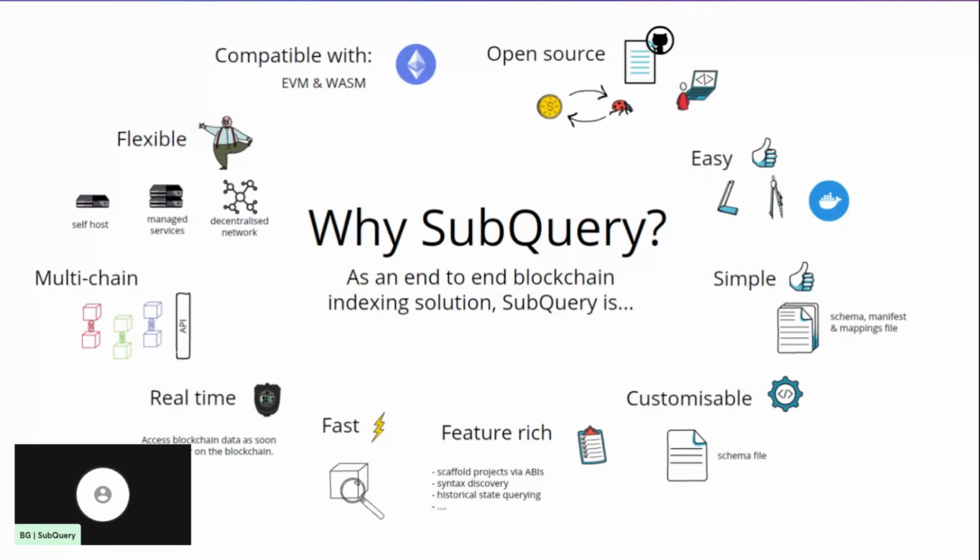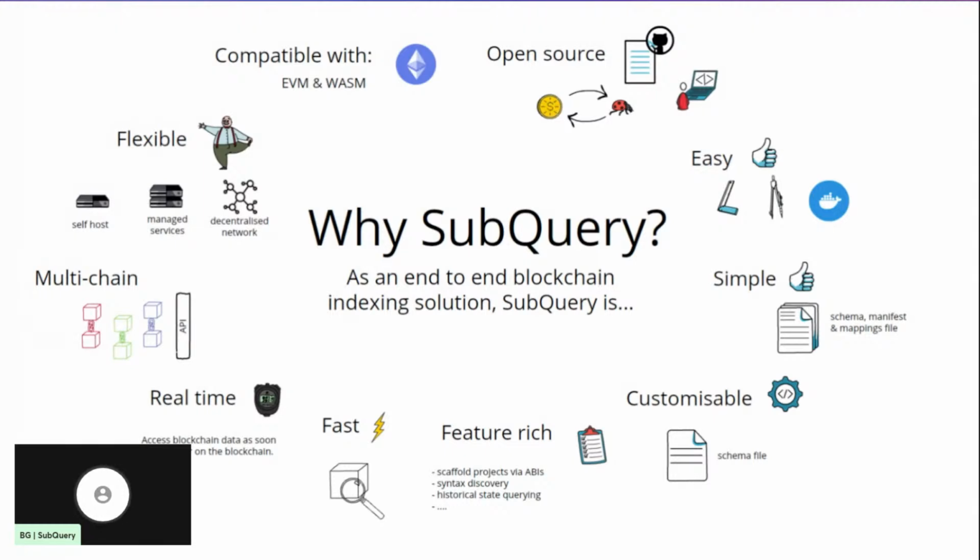Thirdly, it's simple. You only have to configure three types of files, which I'll discuss a little bit later. Then it's customizable. Every SubQuery project is a TypeScript-based project, so with TypeScript you can do anything, and it's enriched with type safety coming from the language.